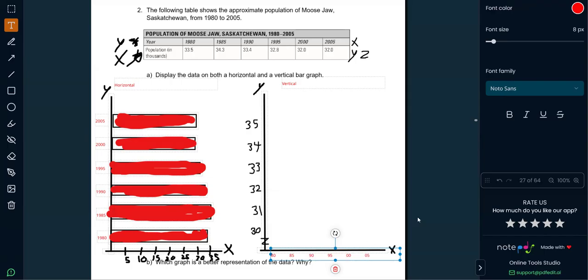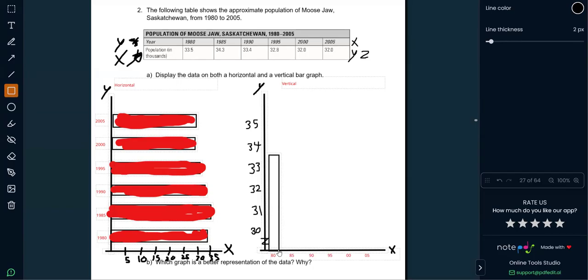Okay, so now I have my graph. I've used up most of my scale. So now, just like before, I'm going to do my bar graph. At 1980, it was 33.5, which is about right here. Same thing, I have a space. 85 was 34.3.